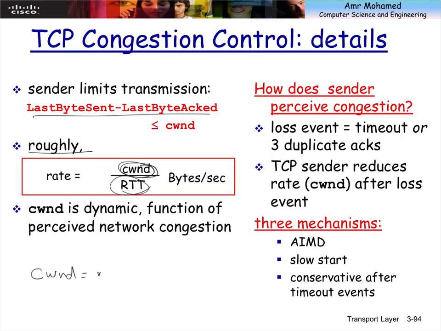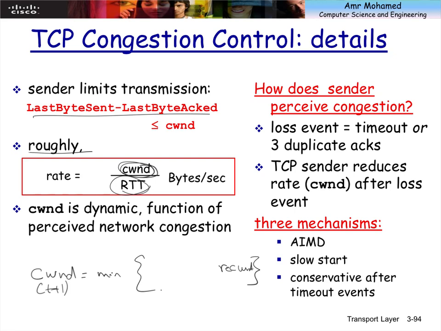And we said that normally this congestion window is actually the minimum of 2 things. The congestion window at time t plus 1 is the minimum of 2 things. One is called the receiver window size. This receiver window size is the one that gets received in the acknowledgement.